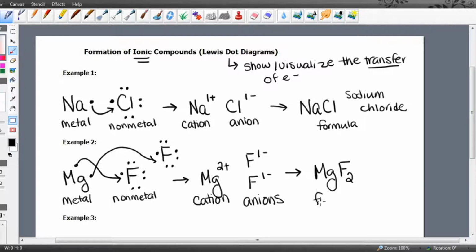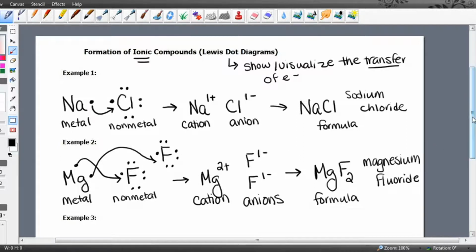So this is my formula of my salt or my compound. And the name of this salt is magnesium fluoride. See the pattern? We'll talk about naming later on.